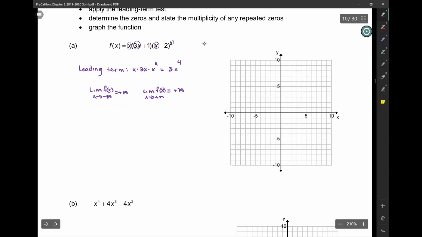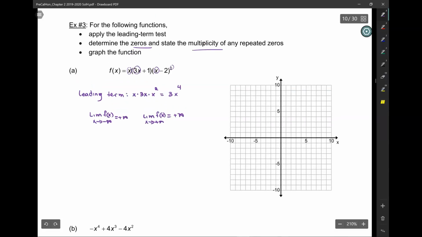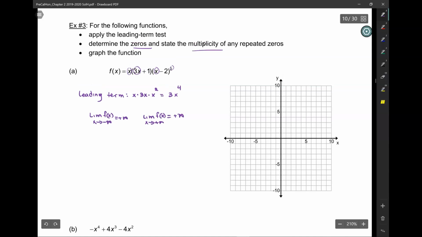Let's look at the zeros and the multiplicities. From the first one, what's the 0? x equals 0. And then I have 3x plus 1 equal to 0. So x is -1/3.